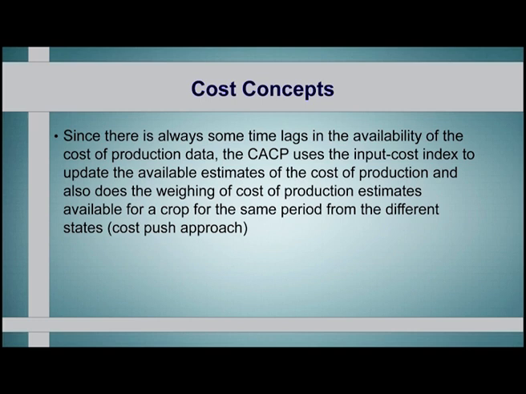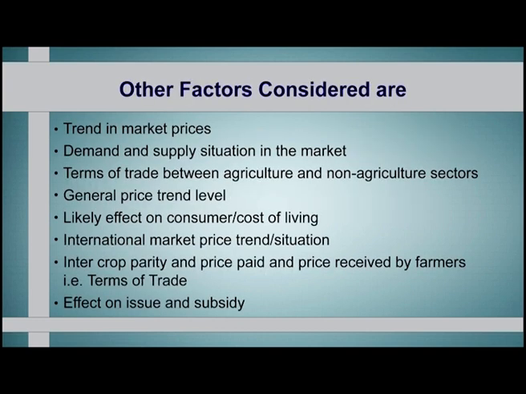approach. Considering the limitation of the cost of production approach, the CACP takes into account the following more factors: trend in market price, demand and supply situation in the market, terms of trade between agriculture and non-agriculture sector, general price trend level, or likely effect on consumers, that is cost of living of the consumers, international market price trend and situation, inter-crop parity, and price paid and price received by the farmer, that is terms of trade, and effect on issue price and subsidy.